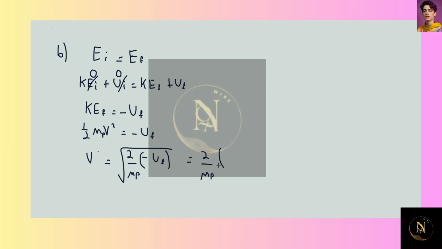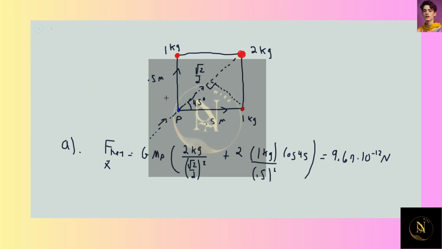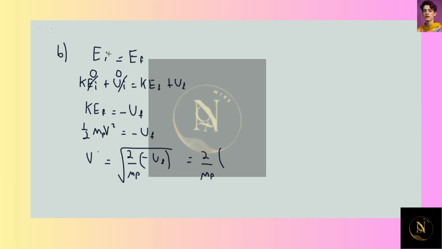And then our final potential energy, we can go back and look at our diagram here. Now all we care about is the distance from each of these masses. The potential between mass P and this 2 kilogram one will just be associated with this distance, the other ones with just these vertical and horizontal distances. Starting with the 2 kilogram mass, first we'll have gravitational constant times mass P. This whole thing has a negative sign, but because of this negative sign here, it ends up being positive.